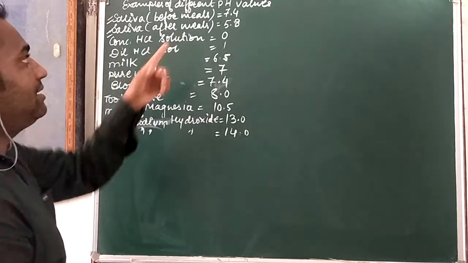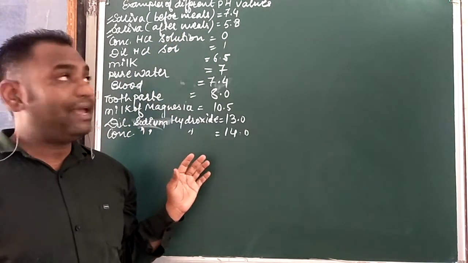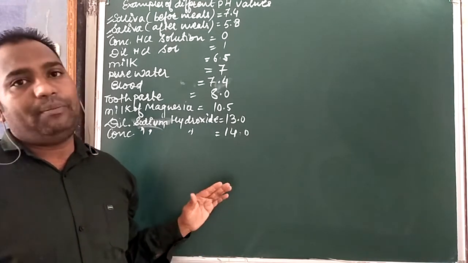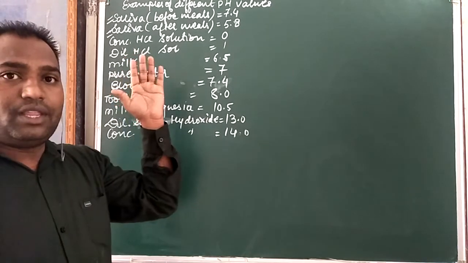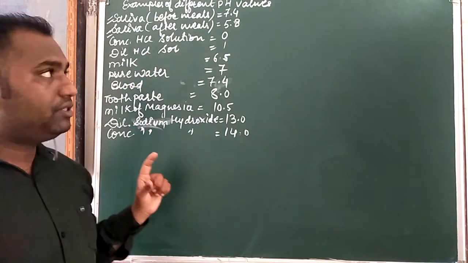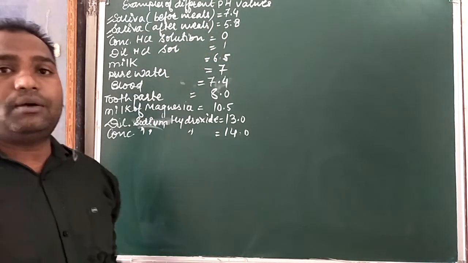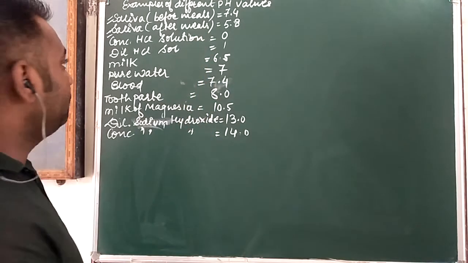But after meals it is 5.8, showing acidic nature, because without acidic nature the food cannot be digested. Physical digestion is going on in our buccal cavity, this mouth, and with the saliva the pH decreases to 5.8.